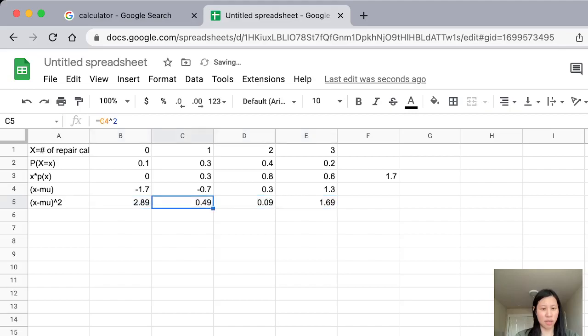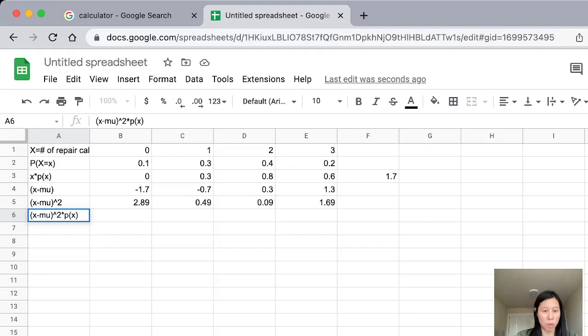Now look, every number is equal to C4, which is the x minus the average value, and then we square them. Okay, so what's next? After you square them, you want to times their probability.